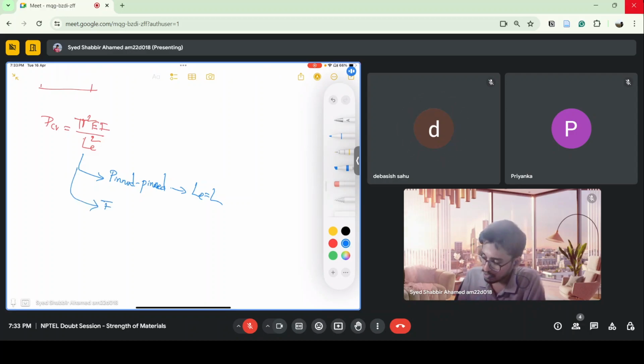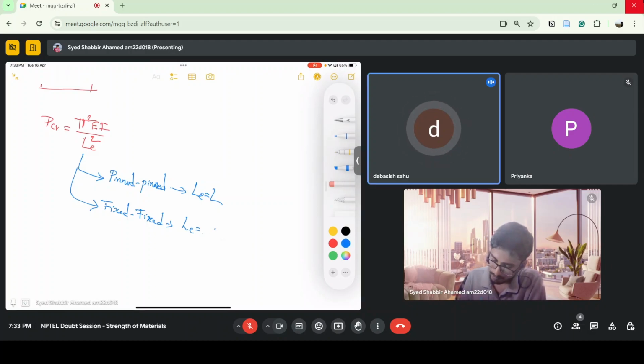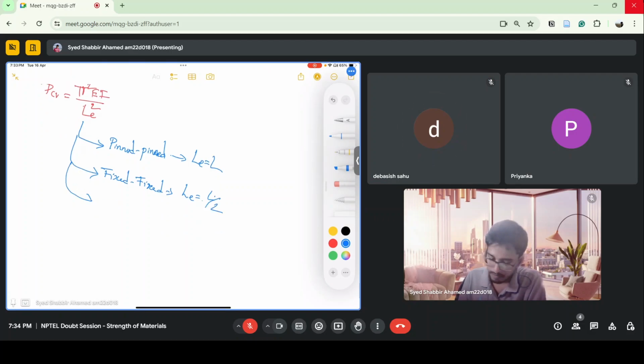When I go to a fixed case, it is 2L. Sorry, L by 2. Yes, sir. And for pinned and fixed case, this is I think 0.7, I guess.